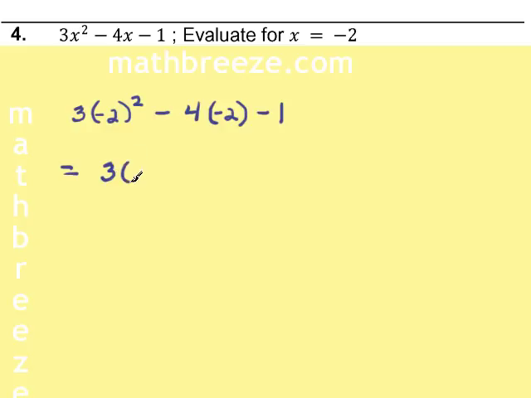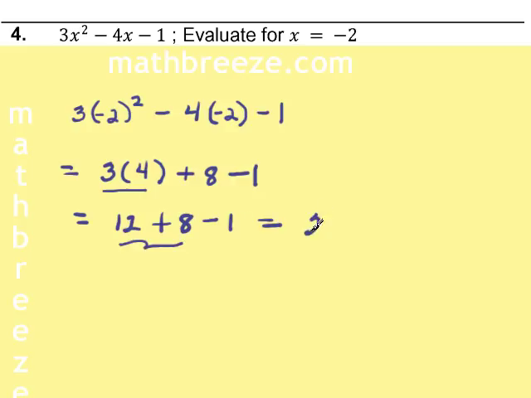So here we have 3 times 4. Let's multiply minus 4 times minus 2, so that's a positive 8. All right, so here we have 3 times 4, that's 12, plus 8, subtract 1. 12 plus 8, so we have 20. Subtract 1, and that's 19.